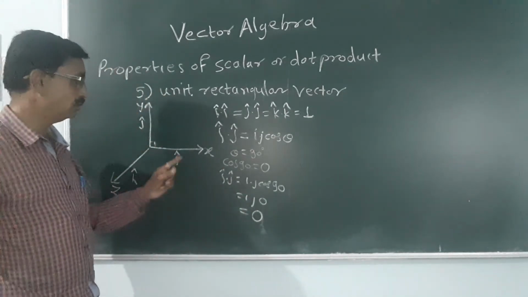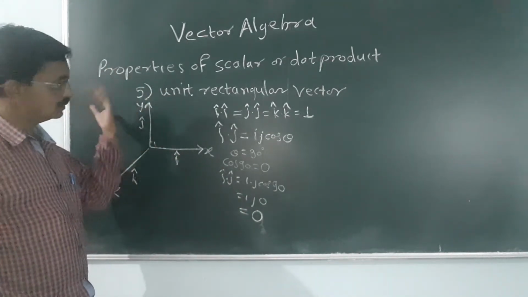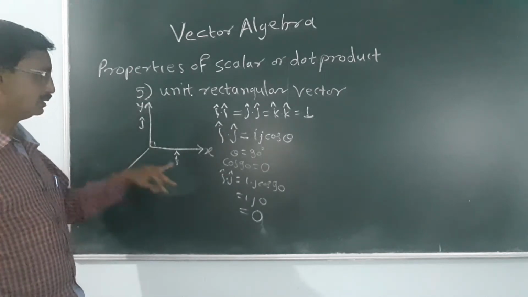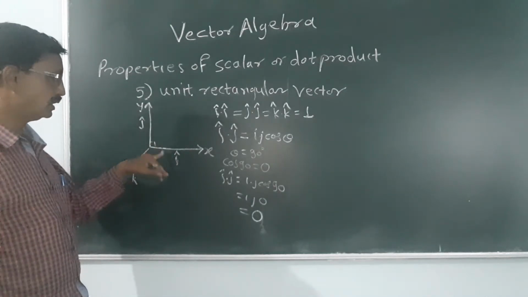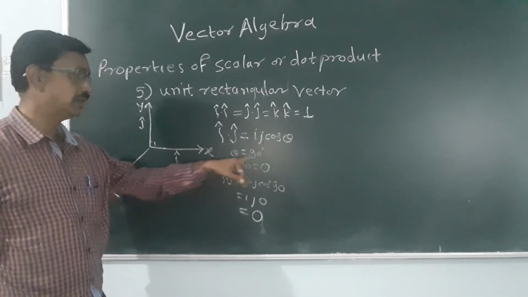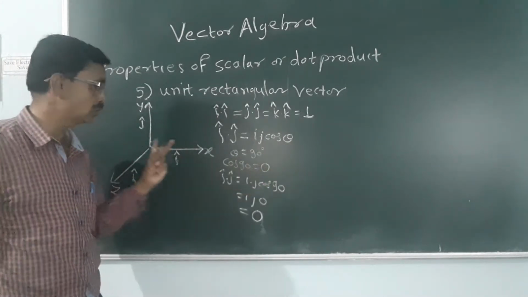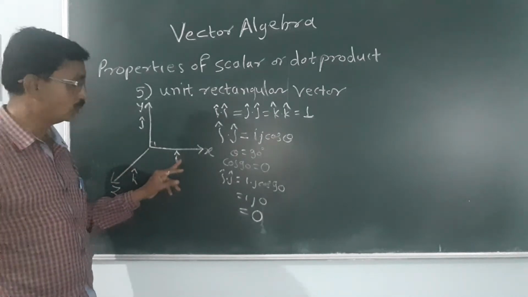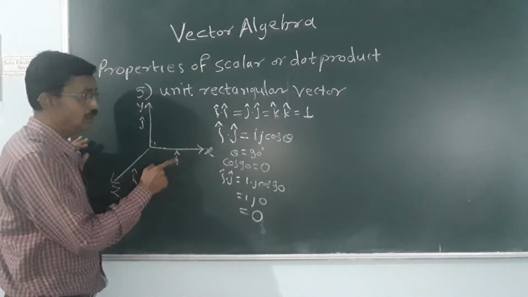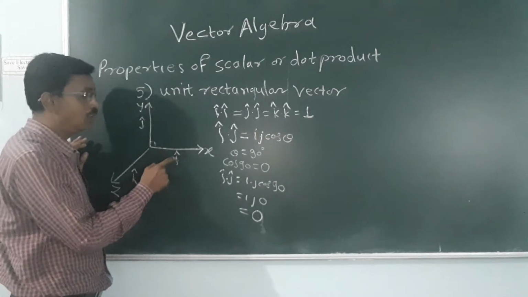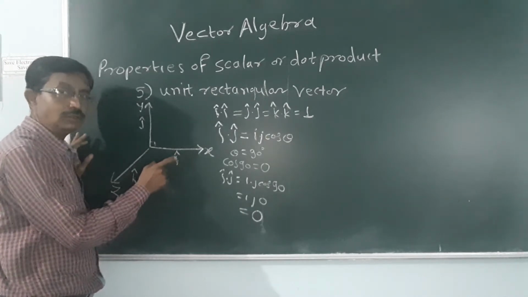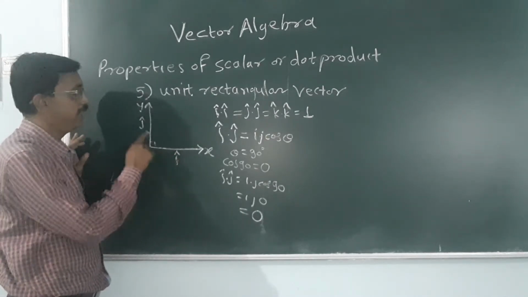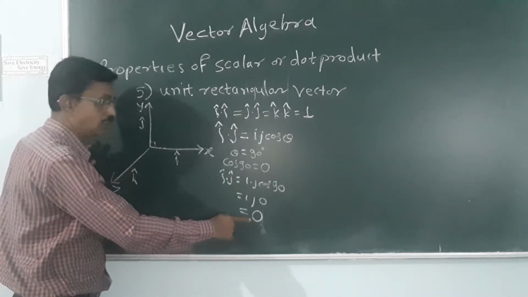So in this way, as we have just seen in the fourth point, when your vectors are perpendicular to each other, theta is 90 degrees, cos 90 is equal to 0, and therefore the resultant is 0. So the scalar product or dot product of unit vectors i and j is equal to 0.